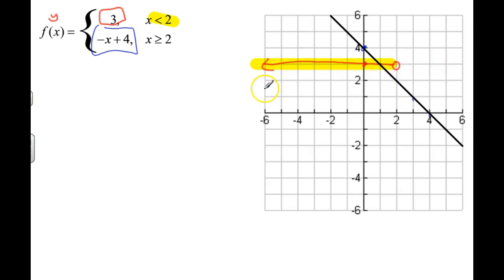Oh, but I don't want to. I want to erase part of that. So I don't want this part of that line, right? All I want is that line when x is greater than or equal to 2. So right there, 2. I really want this to be, oops, it's not writing for me.